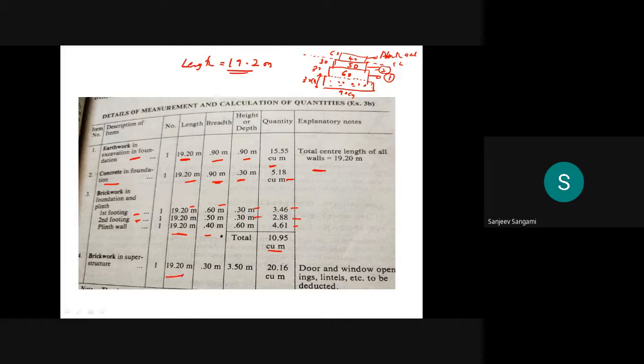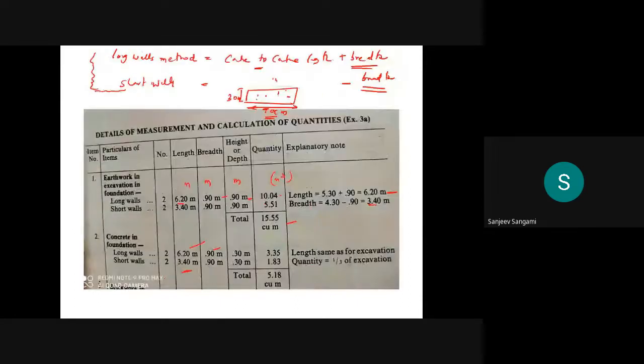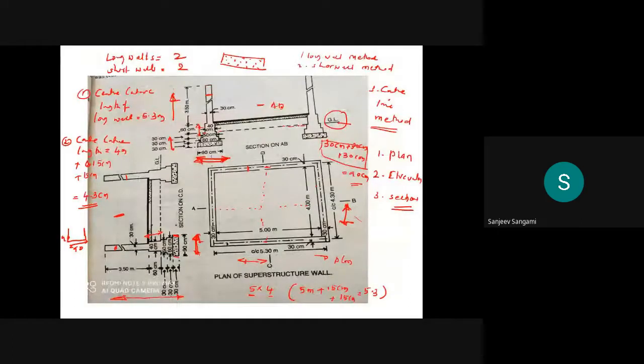So then brickwork in superstructure. So 19.2, that is total length, and the thickness of the wall, it is of course breadth, that is 30 centimeter, that is nothing but 0.3 meters. Then if you go back to height, he has given the height from here to here, 3.5 meters, and the thickness of the wall is 30 centimeters.